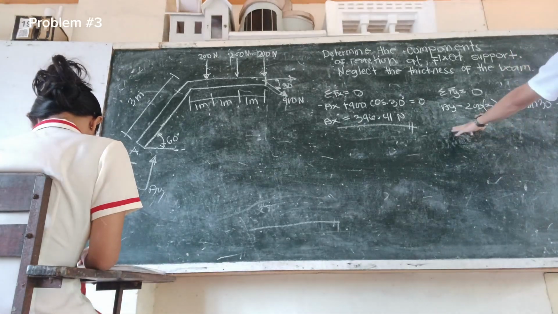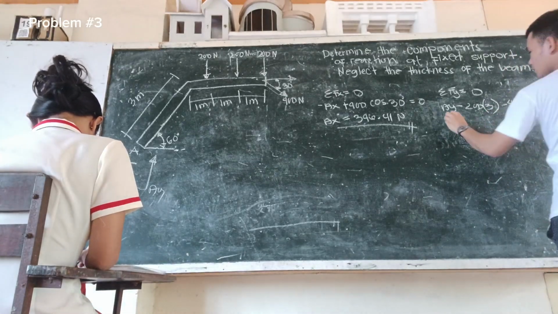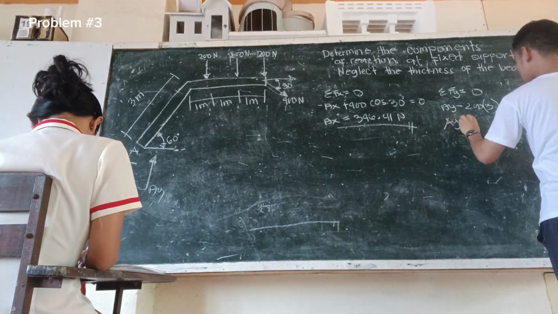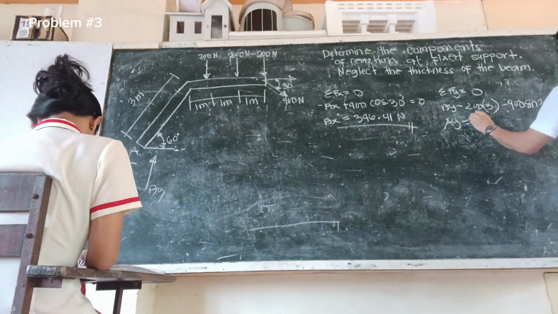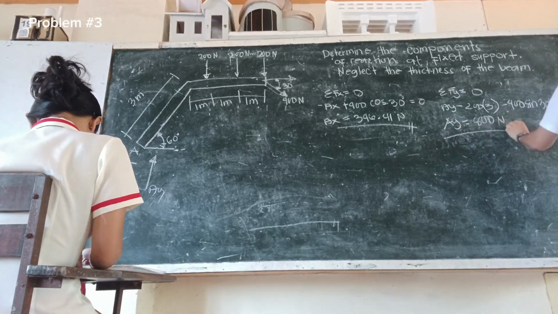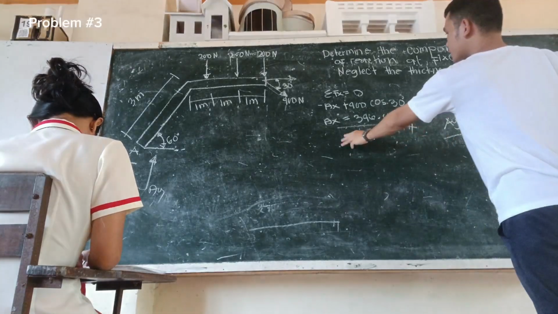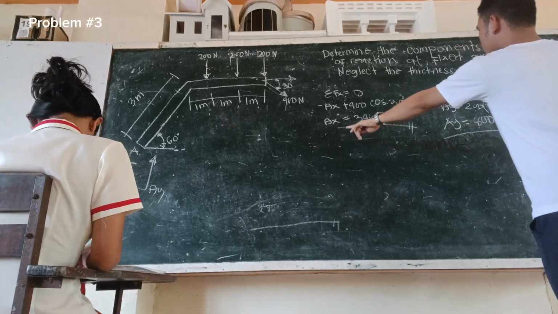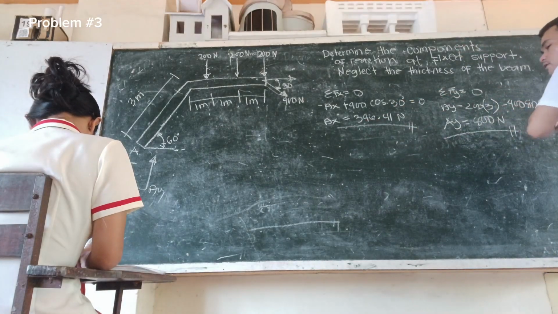Now if we solve this using our calculator, we will get the answer of 800 Newton. So that is our answer for summation of forces along X and along Y.